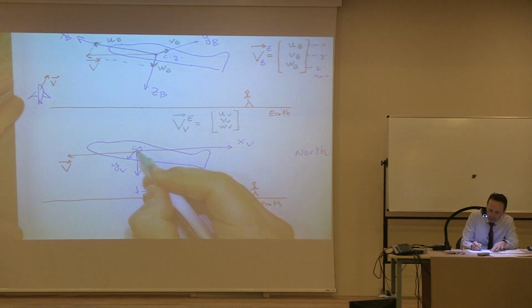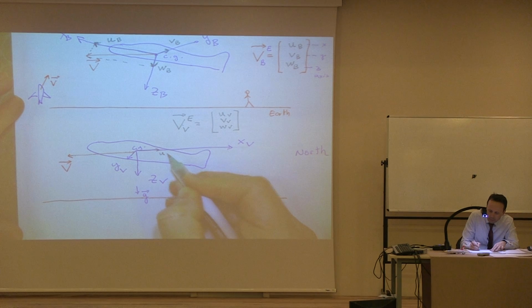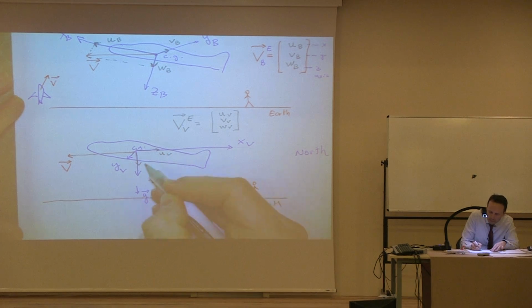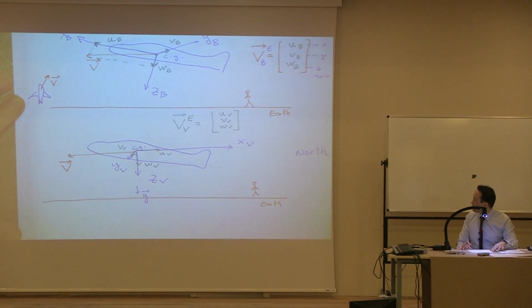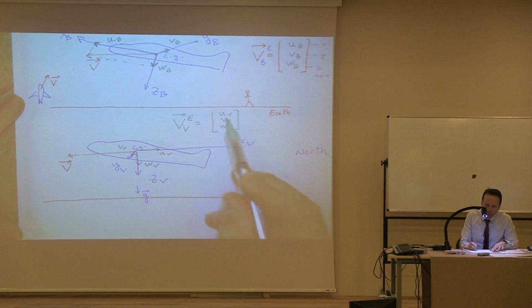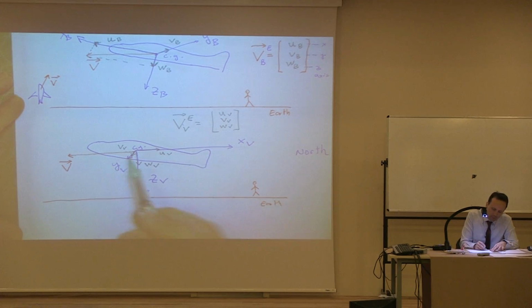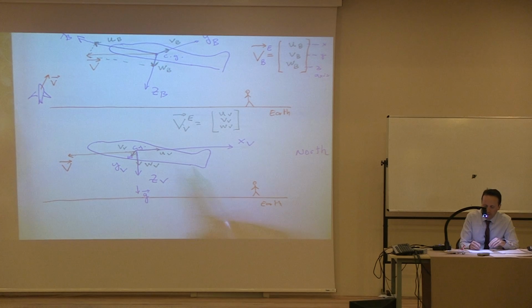So I would claim like this is UV. This one here is WV. This one here would be VV. Of course, UV will be a minus because V is in the opposite direction, but the positive directions of these numbers would be UV, WV, and VV.